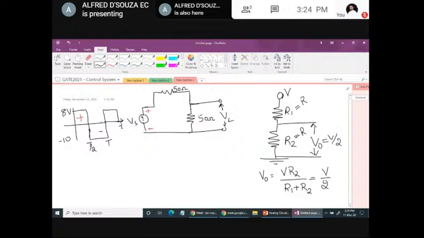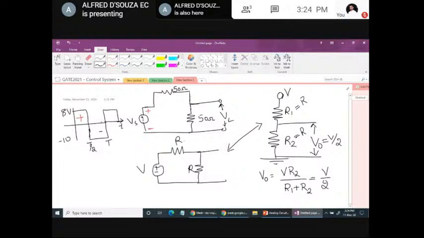The same scenario is found here. So instead of writing the circuit like this, we can also write it like this. So we can have voltage, first resistor, second resistor, and I need voltage across second resistor. So this is same as this circuit. So it can be written like this as well.